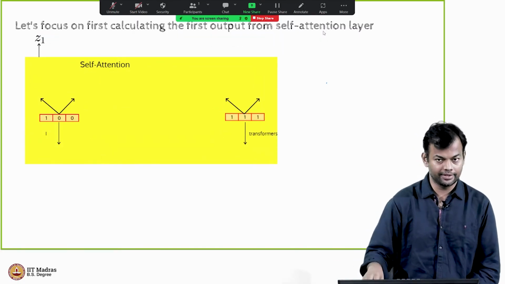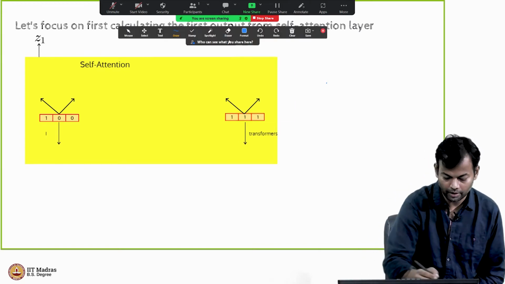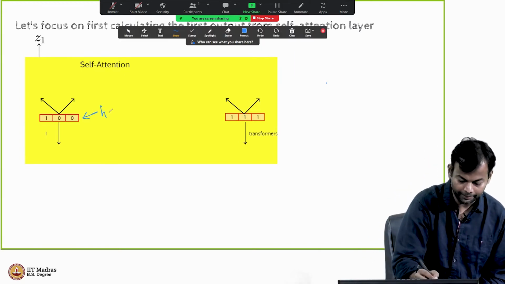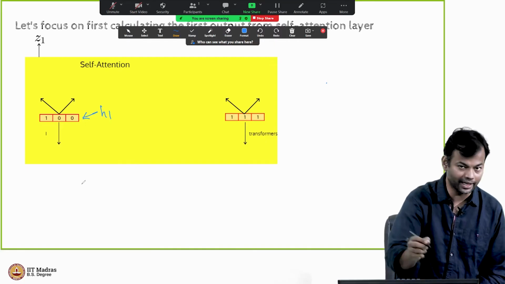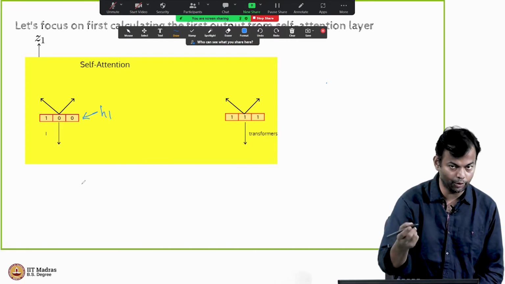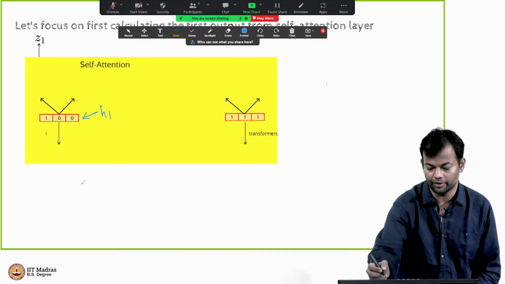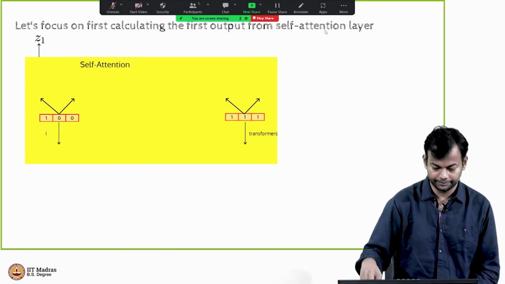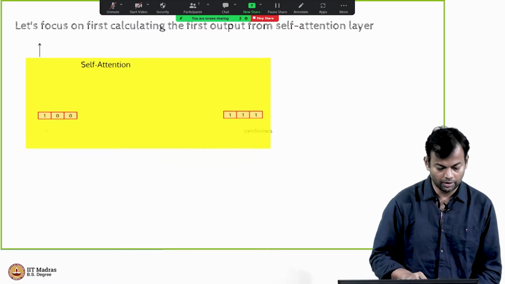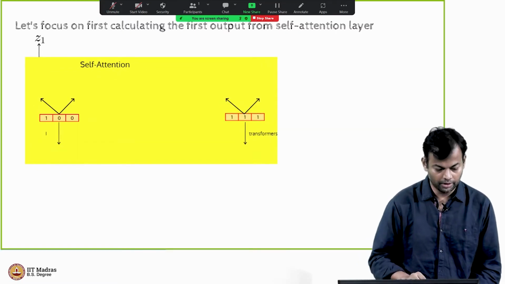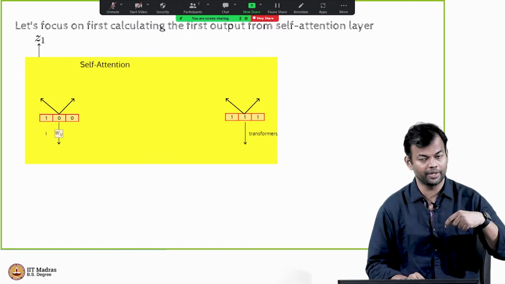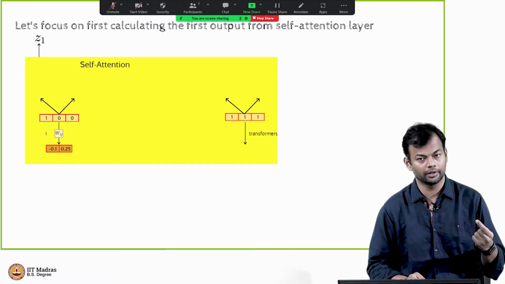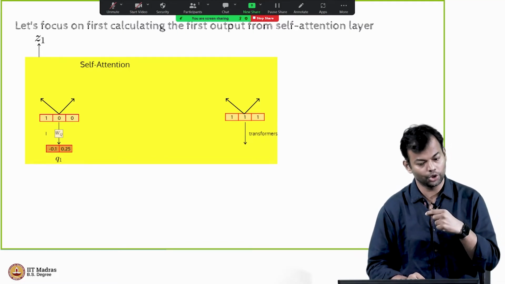So you had this single embedding, which was h1, and from there you can see there are three arrows coming out. So you would have realized that I'm going to compute three different values from this one vector. Let's see what those three values are. I'll first do a linear transformation with WQ to get a new vector, which I'm going to call the Q vector.